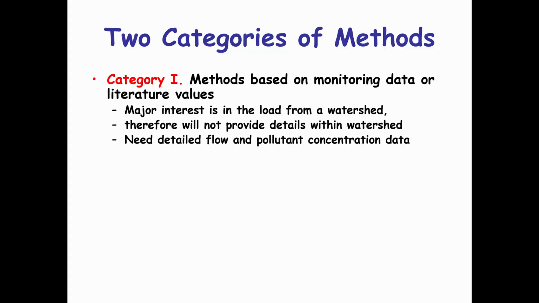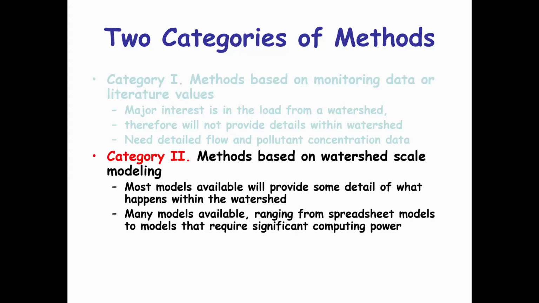That is, they're more difficult to directly use to pinpoint where a pollutant is coming from. That does not mean, as you'll see in the further discussion, that these methods will not be suitable in attempting to identify pollutant sources. To use these methods, generally you need to have detailed flow data and detailed pollutant concentration data.